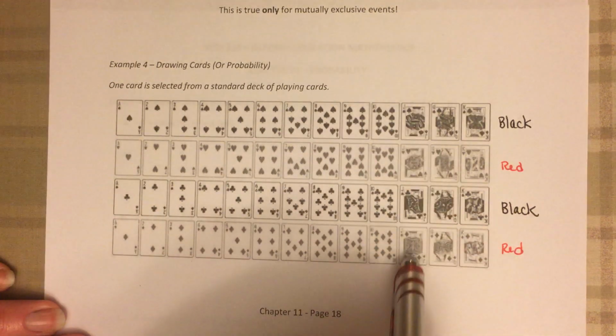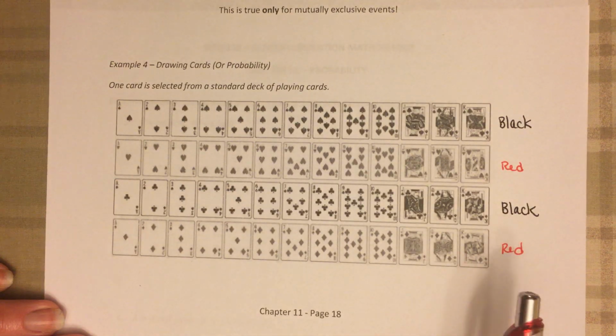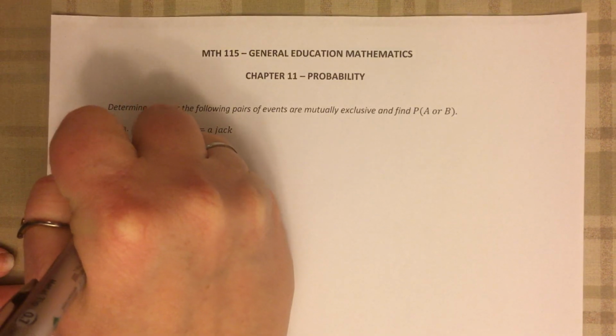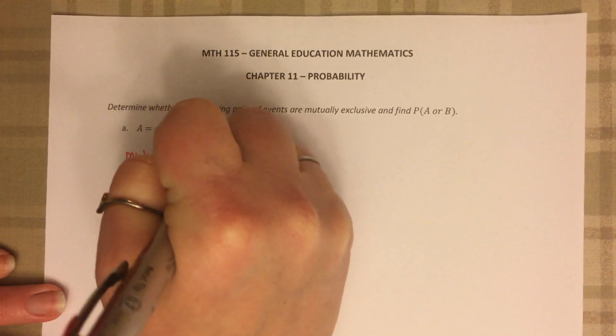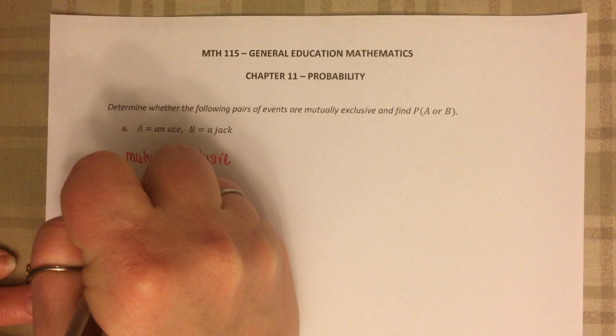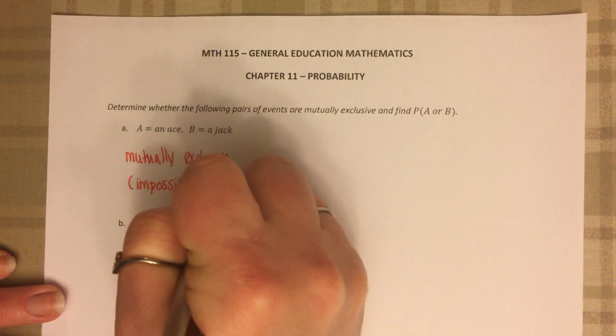Our jacks are over here, and if we look at that, there is no overlap. So in this case, our events are going to be mutually exclusive. Again, we can think about it as our sets being disjoint, or it is impossible to be both.